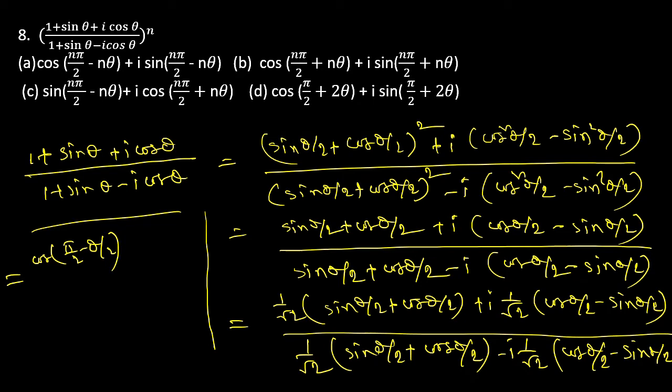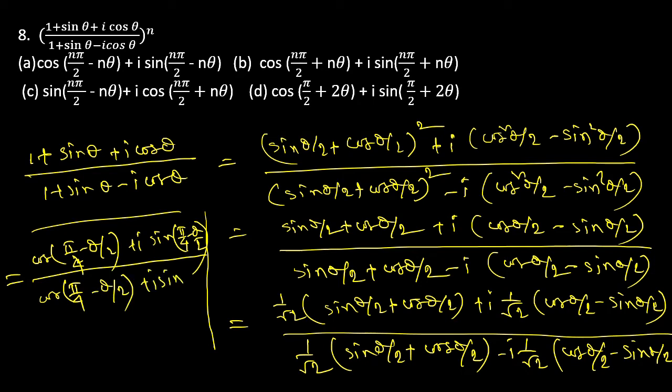And 1 by root 2 (cos theta by 2 minus sine theta by 2), we can write as sine (pi by 4 minus theta by 2). Similarly, we can write the denominator as cos (pi by 4 minus theta by 2) minus i sine (pi by 4 minus theta by 2).